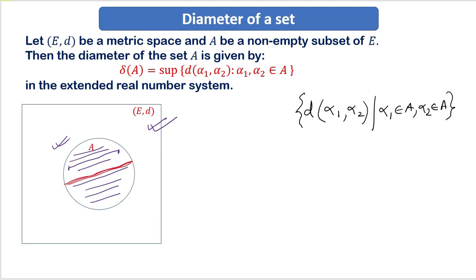Now you have to take the greatest possible distance. Again I am repeating that this set can have an infinite number of points. So the greatest member, the supremum, and this supremum is called the diameter of the set A. It is denoted by delta. It is customary to denote it by delta.